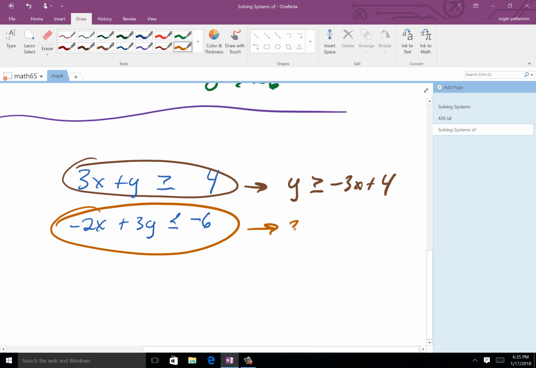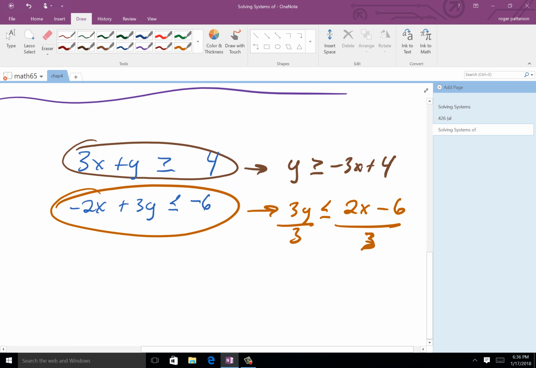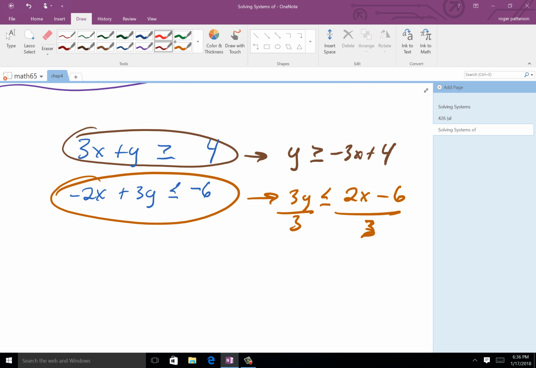So we have 3y less than or equal to positive 2x minus 6, but I can't have a 3 there, so I'm just going to divide by 3. And then I'm ready to graph here.